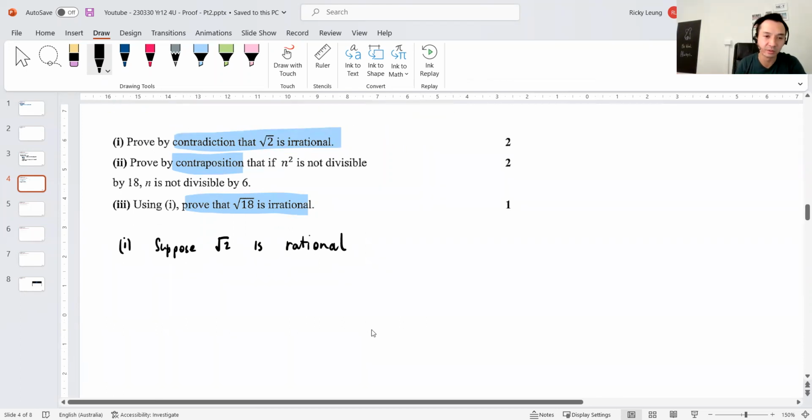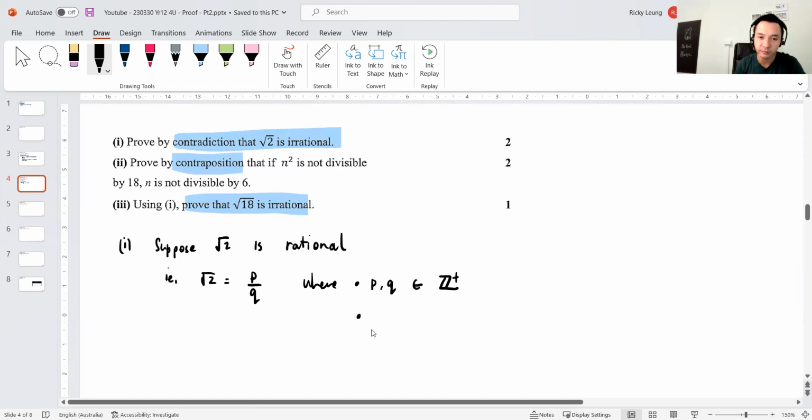That is, we assume that root 2 equals a fraction, or can be expressed as a fraction, where P, Q are both positive integers, right?